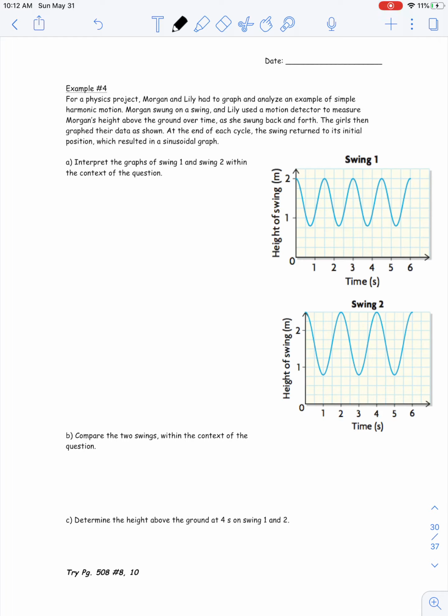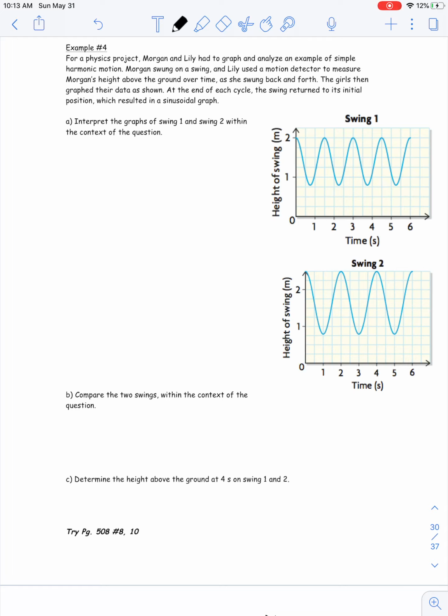The girls have graphed their data as shown. At the end of each cycle, the swing returned to its initial position, which resulted in a sinusoidal graph. Interpret the graphs of swing 1 and swing 2 within the context of the graph.